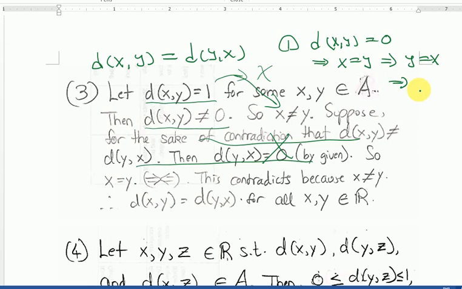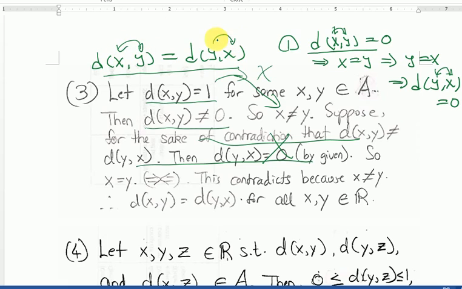Then by the definition of d, you can say d(y, x) also equals 0, right? So can you see what's going on? We want to accept the commutativity of putting these two real numbers into the metric, right? And eventually you want to prove we can do that. It doesn't change the value of the metric, okay? Even if you change the order.